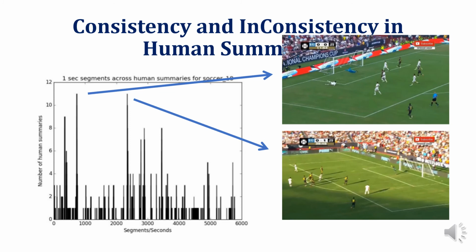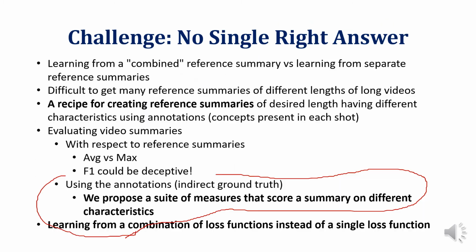So for example, here are two different snippets which have an agreement across different annotators. And now why do they agree? Well, it turns out that they agree because there's some objective criterion they seem to be implicitly following, which is that the goal scored. So why not go by annotations, which is goal scored?